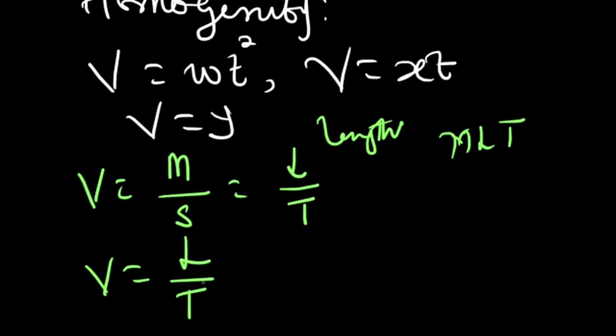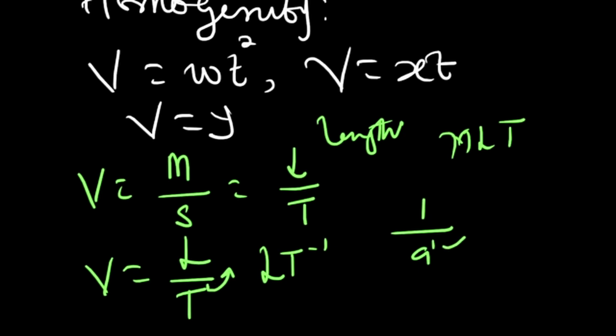Now, we can make this appear more stylish by taking the T away from the denominator. So when you take it up, it now becomes LT⁻¹. Now, this is using the reciprocal law of exponents, where if you have 1 over a, remember that this a here has the power of positive 1, just like our T down here had the power of plus 1.